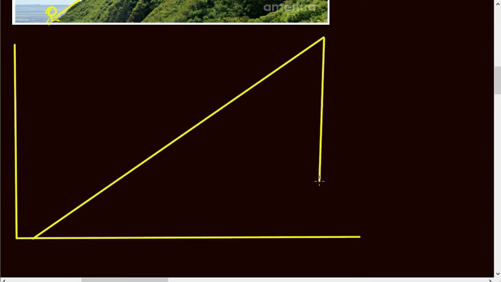The person starts from here, and here is the peak. What we have here is the vertical climb.